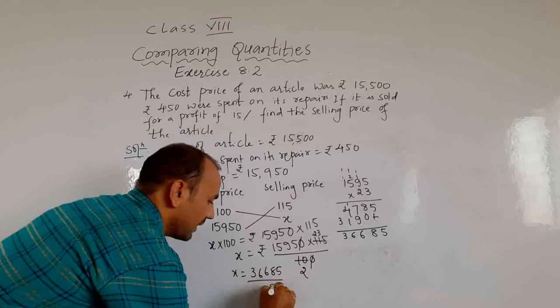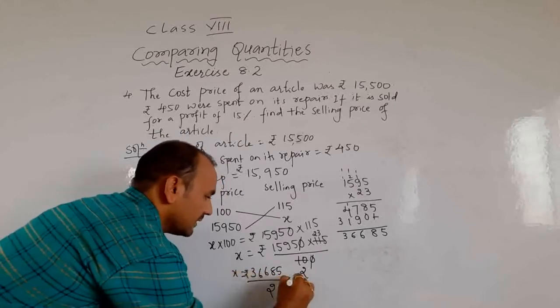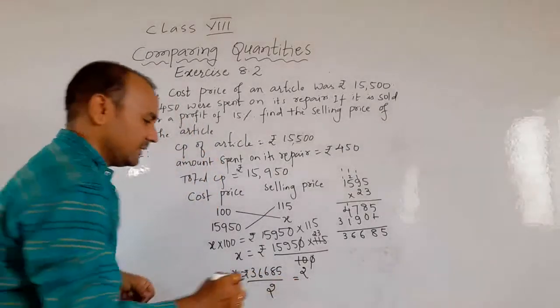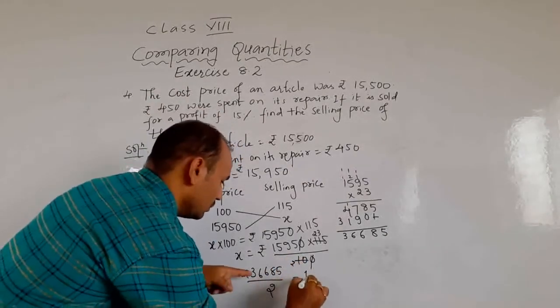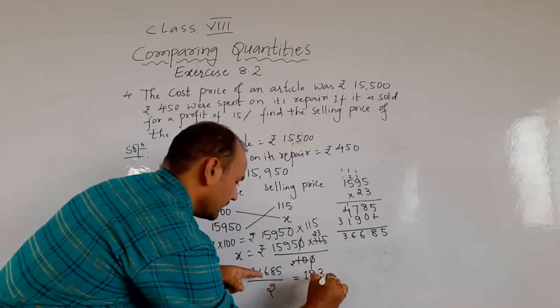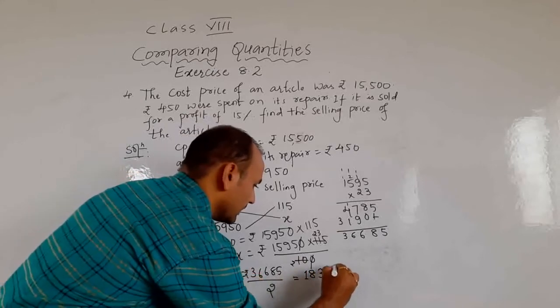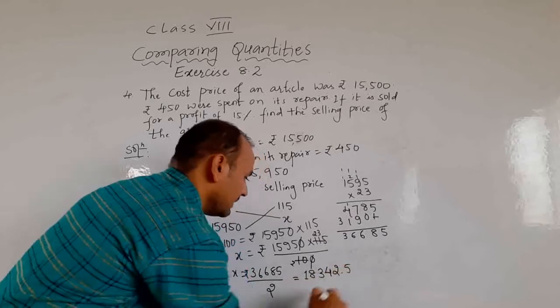This is equal to, let us divide: 2 1s are 2, 2 8s are 16, 2 3s are 6, 2 4s are 8, 2 2s are 4, and 2 5s are 10.